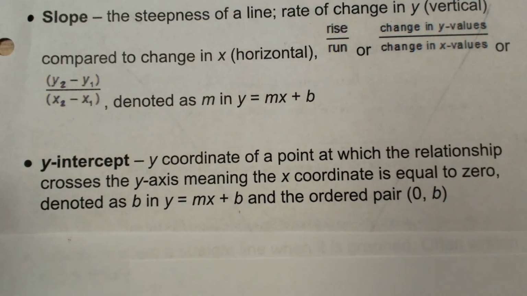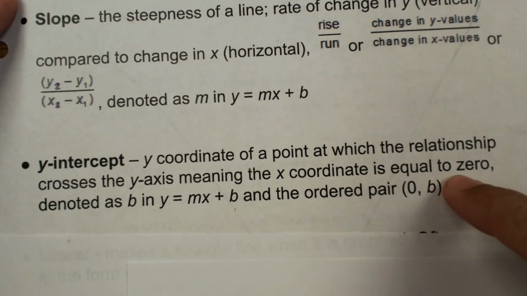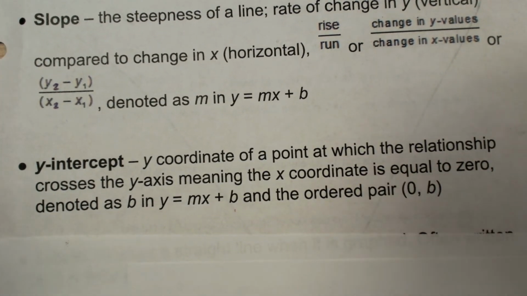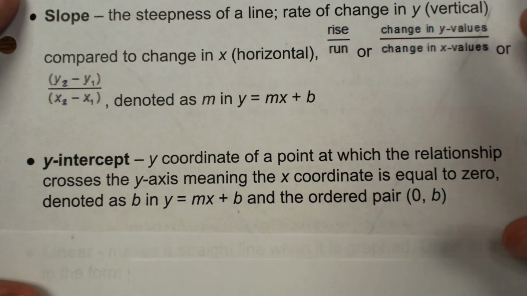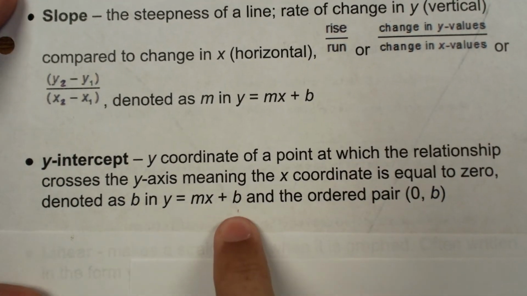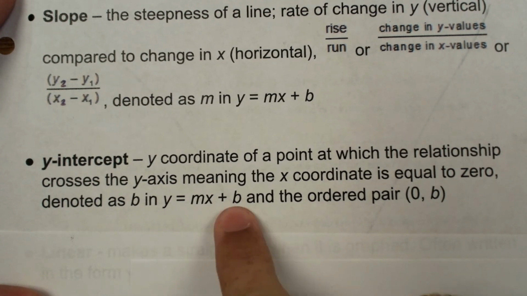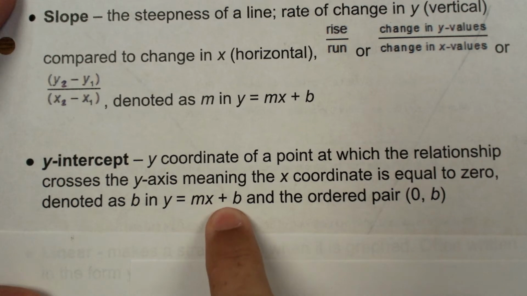When it crosses the y-axis, if you think about a graph, your x-coordinate is 0. So wherever your x is 0, whatever number goes with your y at that point is going to be your y-intercept. And in the same equation from up here, your b is your y-intercept. So far within this equation, we've got y equals slope times x plus your y-intercept.